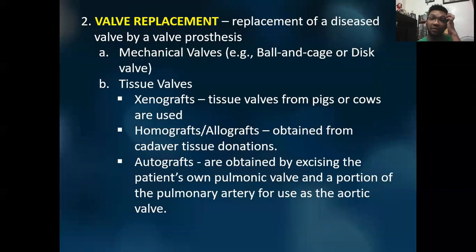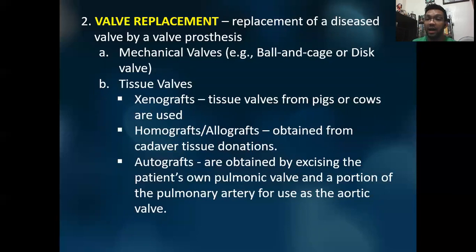Another would be valve replacement. So if it's impossible for the valves to be repaired, they're going to use prosthetic valves instead, such as the use of mechanical valves. The ball and cage or disc valve is used, or tissue valves, xenografts.